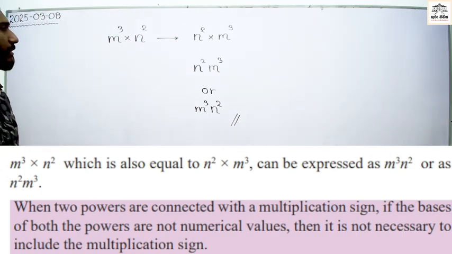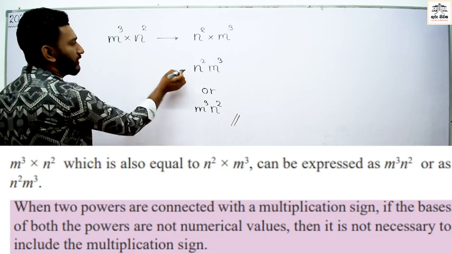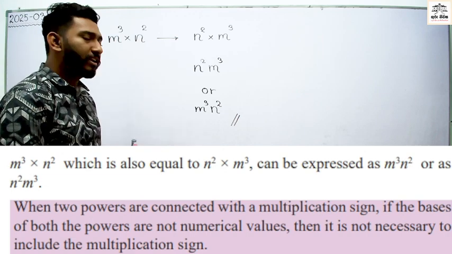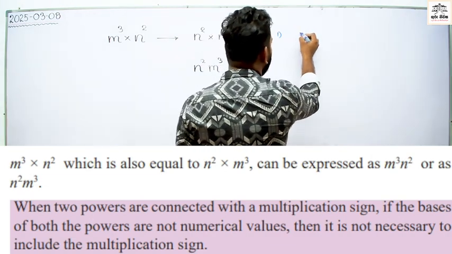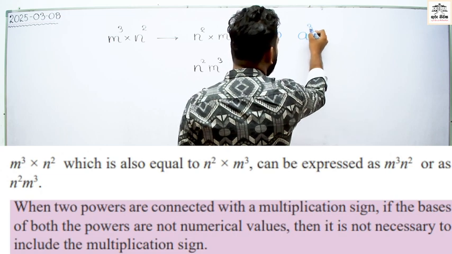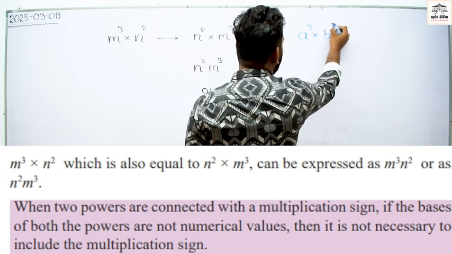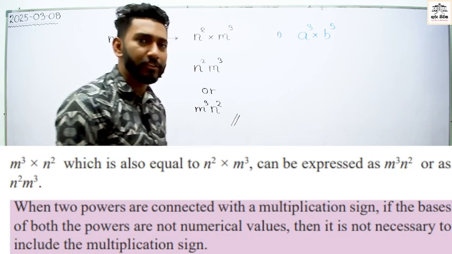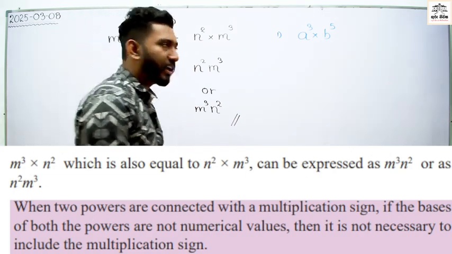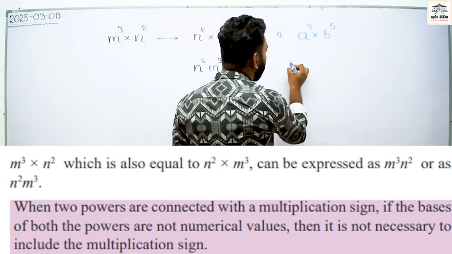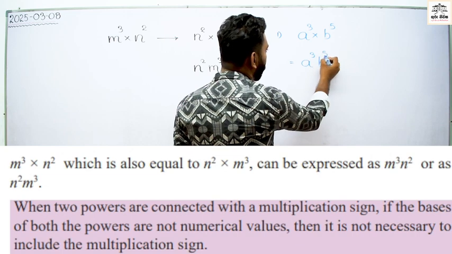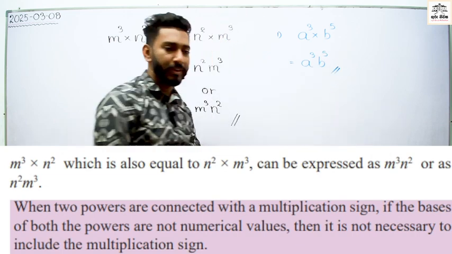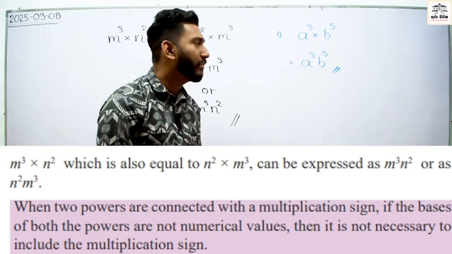Look at this example: a to the power of 3 multiplied by b to the power of 5. Without the multiplication sign, we can write a to the power of 3 and b to the power of 5. So easy. Now you got it, everyone?